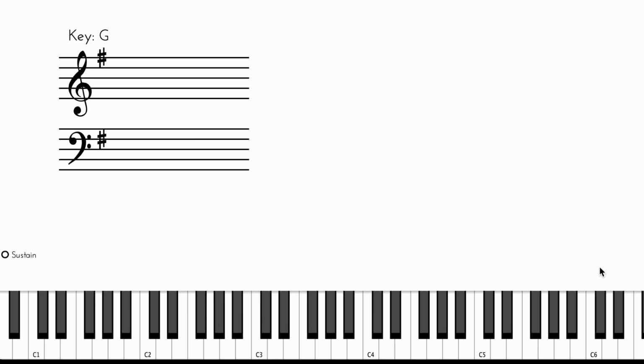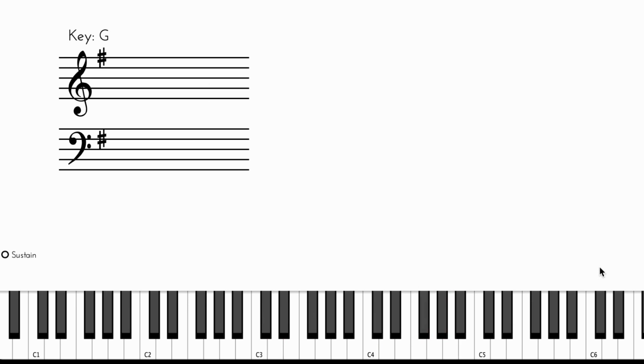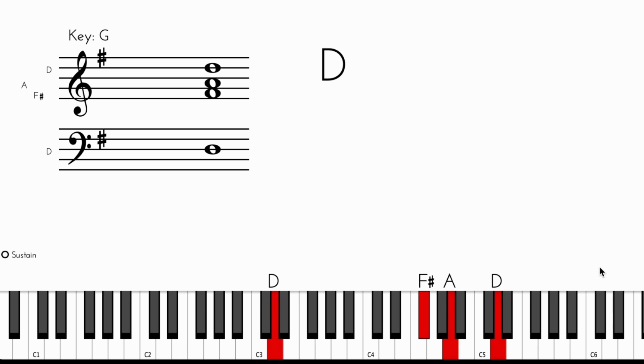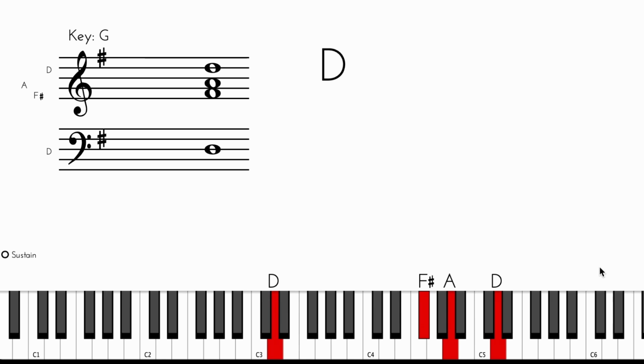So let's move along. Going to 5. Root chord of 5, first inversion, second inversion. Let's do that again. Root chord of 5, first inversion, second inversion. Let's look at 6.